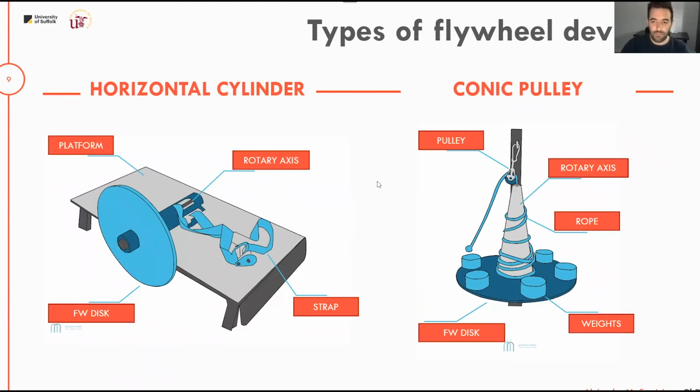The main difference between both of them is the rotary axis. While in a conic pulley it's much more variable along the range of motion, in the horizontal cylinder it is still variable because the strap recoils around it, but it's less variable at the end.